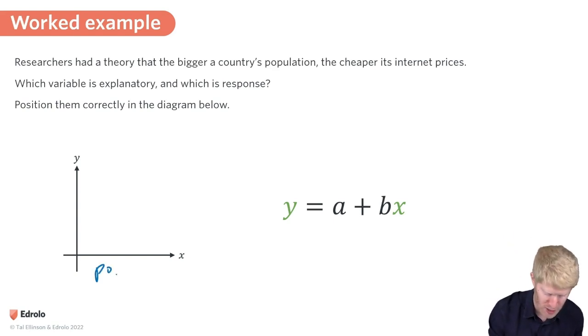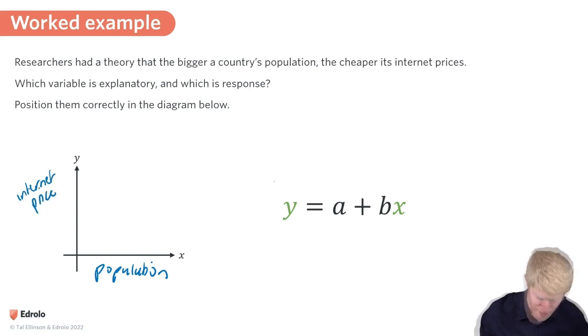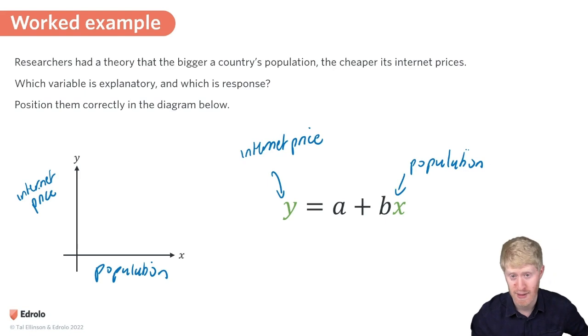So the population is what is explaining the response. Population goes down here, internet price goes here. And if we were writing an equation, we would put the words internet price on the left instead of the y, and our explanatory variable, population, on the right instead of the x.